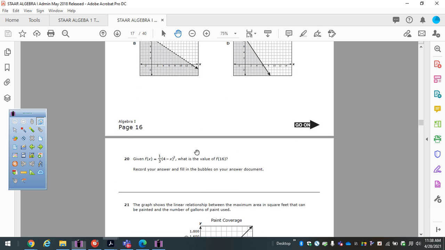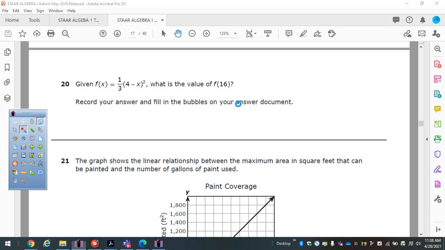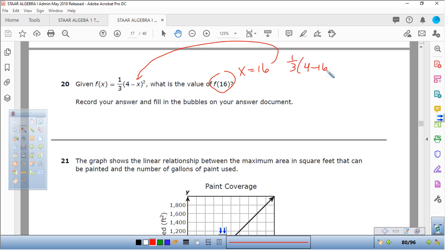Yes. I'm sorry, I'm just doing another thing over here. Sorry for stuttering. Oh, this is a joke. It means get this number here where x is equal to 16 and plug it in right there. 1/3, 4 minus 16 squared. 1/3, 4 minus 16, guys, what's that, negative 12 squared. So that's 144 times 1/3.